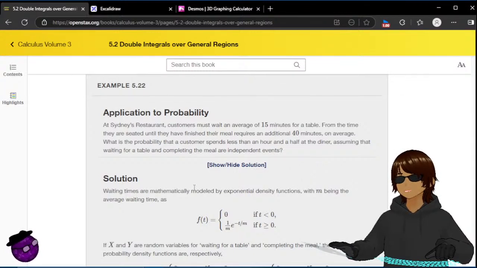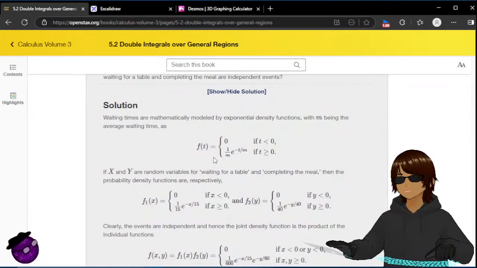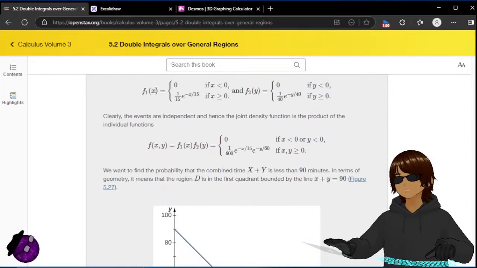Waiting times are mathematically modeled by exponential density functions, with m being the average waiting time. Okay, they should have said that in the question. x and y are random variables for waiting for a table and completing the meal, then the probability density functions are respectively this, and for this we have y. Clearly, the events are independent, and hence the joint density function is the product of the individual functions.